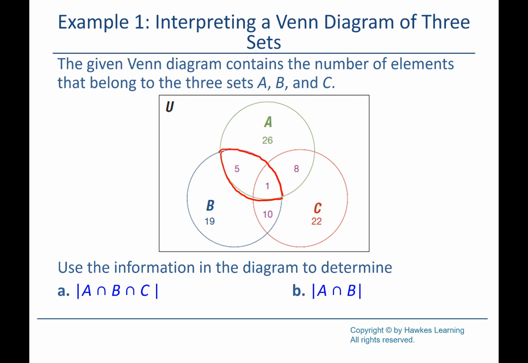So we've really got 2 little compartments in there. How do we figure out how many are in there? We just add these 2 pieces together. So our answer would be 6 there. 5 plus 1.